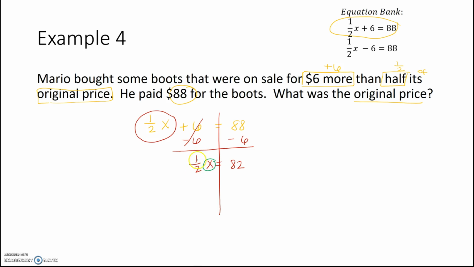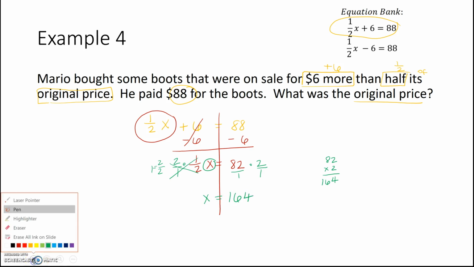To undo a fraction here, if you're multiplying by a fraction, instead you're going to multiply by the reciprocal, right? 1 times 2 is 2, 2 times 1 is 2, 2 over 2 is 1. That's how this all cancels. So we're going to multiply by 2 over 1. So 82 times 2, 2 times 2 is 4, 2 times 8 is 16. So it says x equals $164.